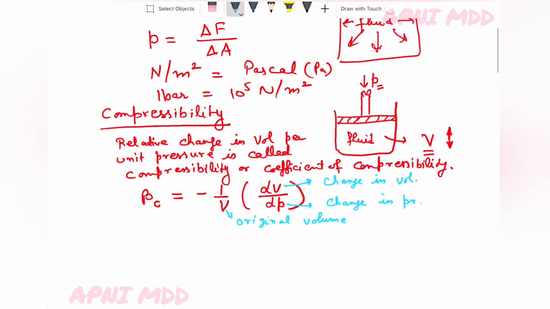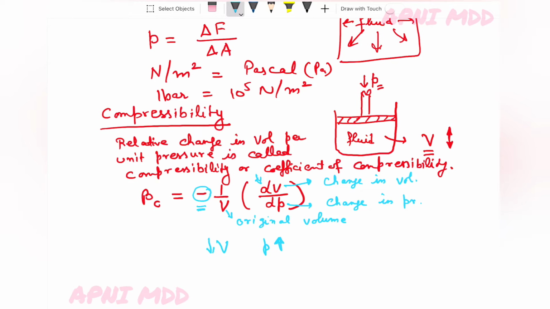Okay, now this negative sign appears here due to reduction in volume with increase in pressure. So negative sign is due to reduction in volume due to increase in pressure or pressure intensity. So you can say a positive pressure increment results into negative volume increment. So that's why there is an extra negative sign.